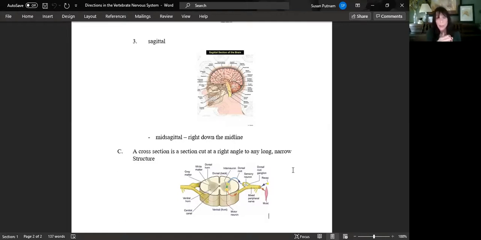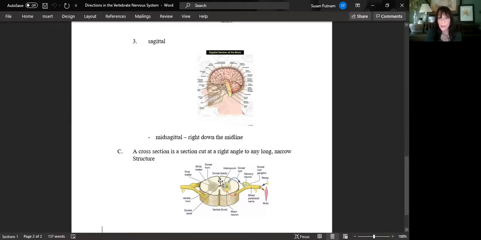So imagine when we're talking about the central nervous system, what that structure would be. Spinal cord, okay? So this would be like if you took a spinal cord, it's long, right? Narrow structure, and you cut right across it. And you cut in different sections, and then you could take those sections out and look and see what's there. And that's what we have right here in this illustration.